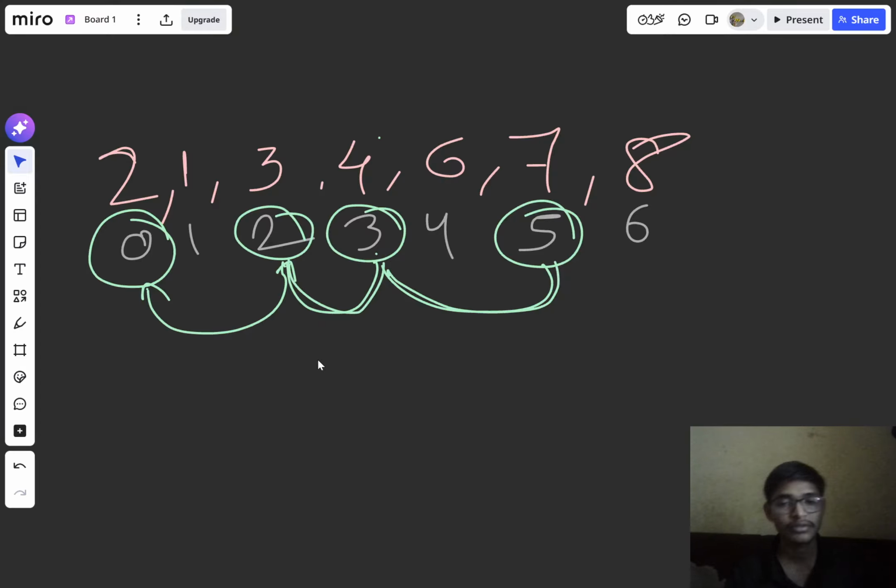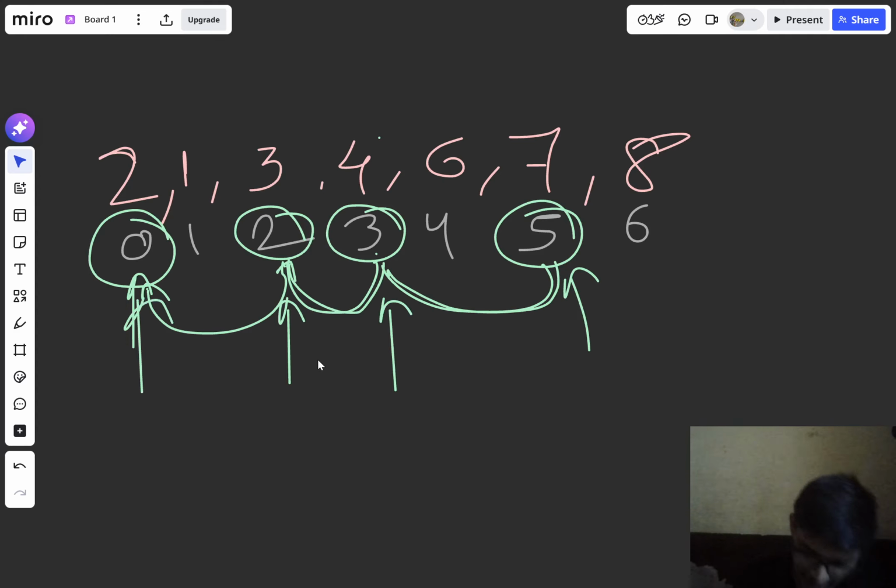So this is making a graph-like situation, meaning the number which is present at the 0th index can also go to the 5th index. The number which is present at the 2nd index can go to this index, or the 0th index, 3rd index or 5th index.